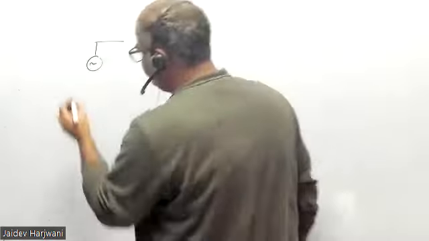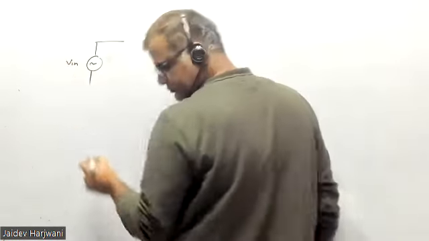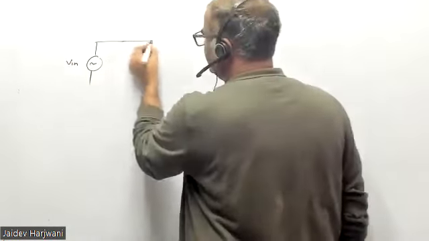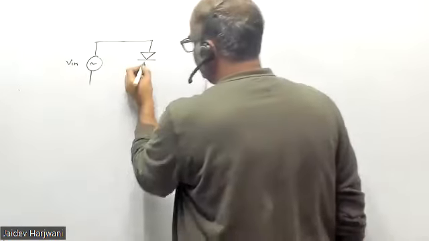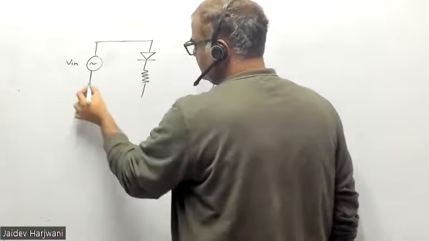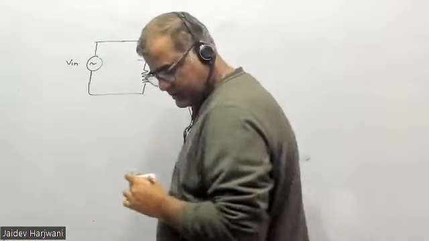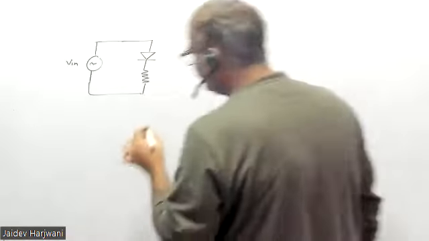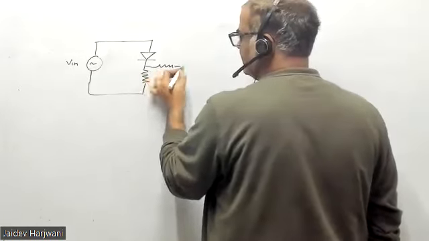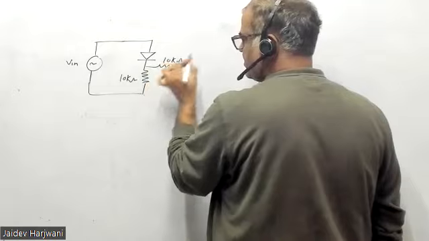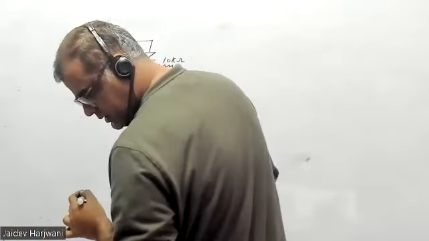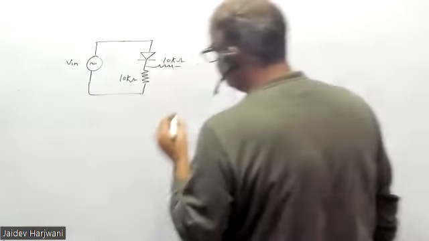So you have this V input. Now please do this problem carefully. If you can do this one, that means you understood the rectifier problem. This is 10 kilo, and this is 20 kilo.